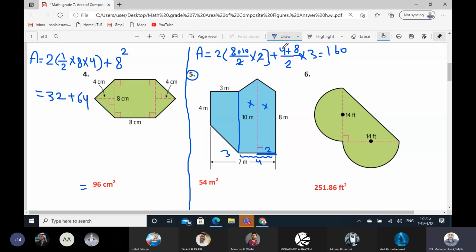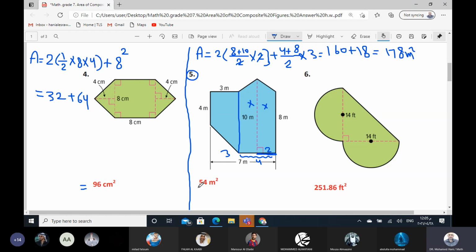Then here we have 4 plus 8, 12. 12 divided by 2, 6. 6 times 3 will be 18. Right. Now 160 plus 18, the answer will be 178 meters squared.